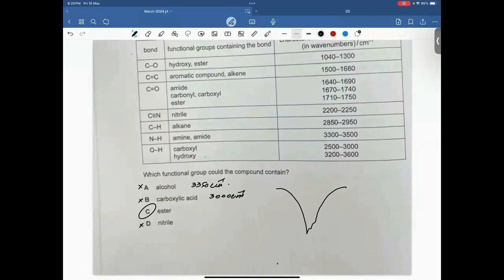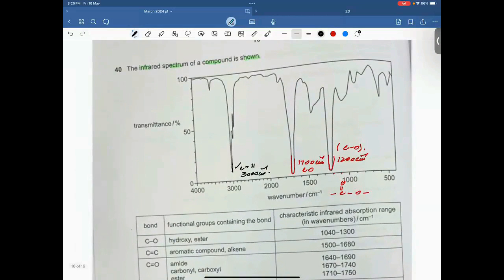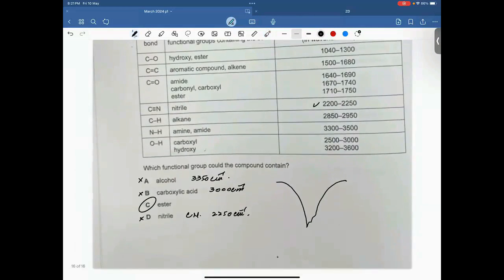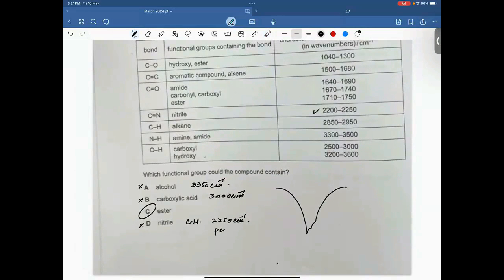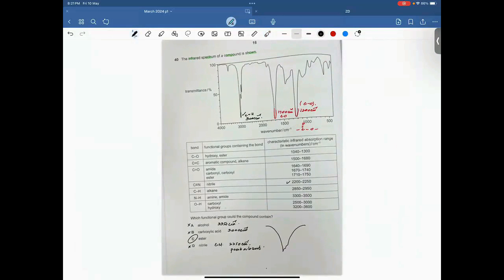By the way, nitrile is CN, and CN has a peak at 2250 cm⁻¹, and there is no peak at 2250 cm⁻¹. All right, and therefore ester is going to be the right answer. I hope it makes sense to you. Thank you very much.